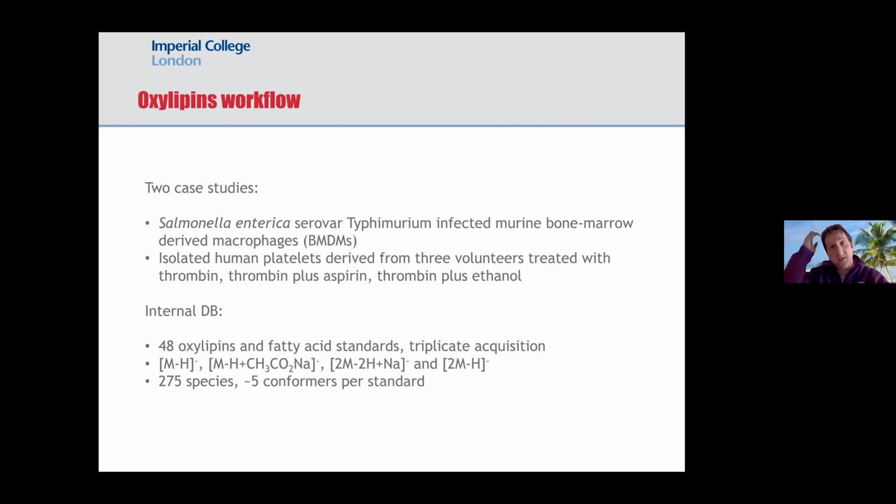It's two case studies. The first one is salmonella infected murine bone marrow macrophages. And the second one is human platelet activation.